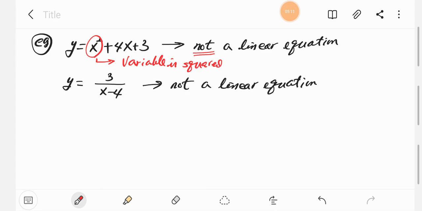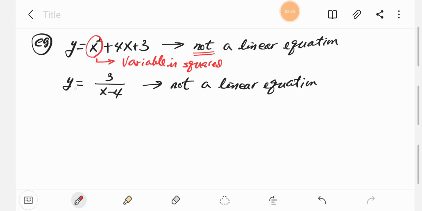If a variable is squared or cubed, if there's a power greater than 1, then it is not a linear equation. There are only two variables, x and y, and their exponent should be 1. If the exponent is not 1, then it's not a linear equation.